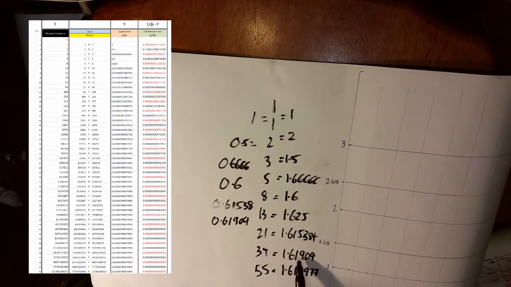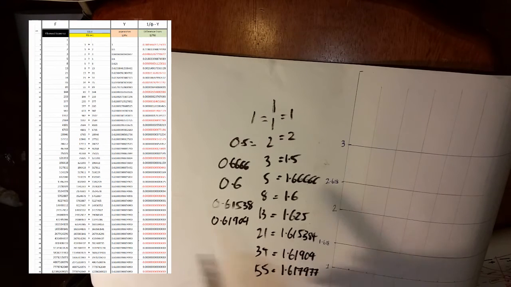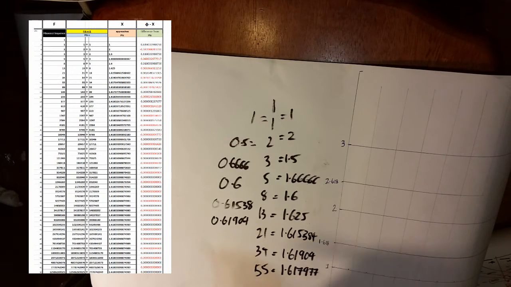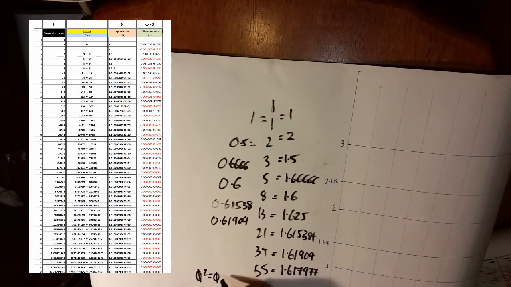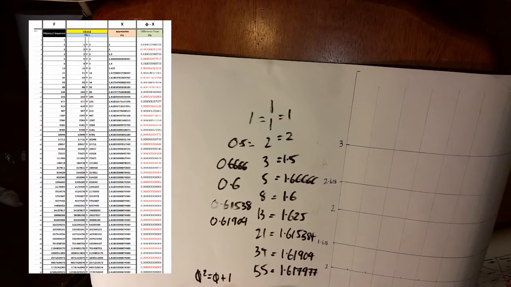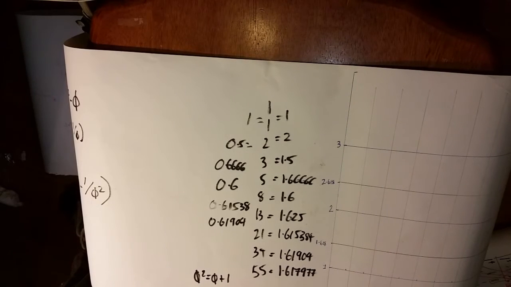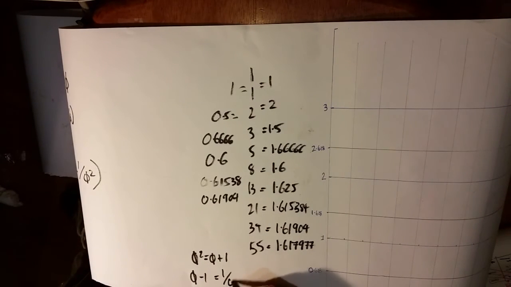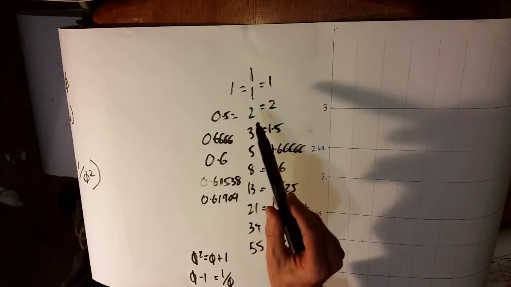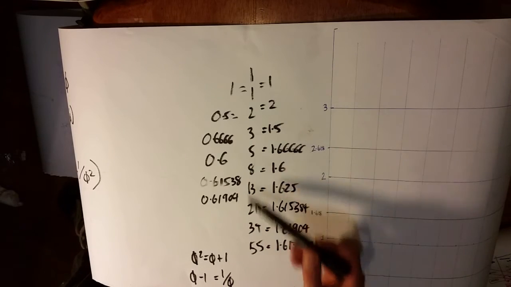You'll see it's just this one minus 1, so it works again just like phi squared equals phi plus 1. See this beautiful relationship: phi minus 1 equals 1 over phi. This plus 1 minus 1 is a beautiful relationship there.